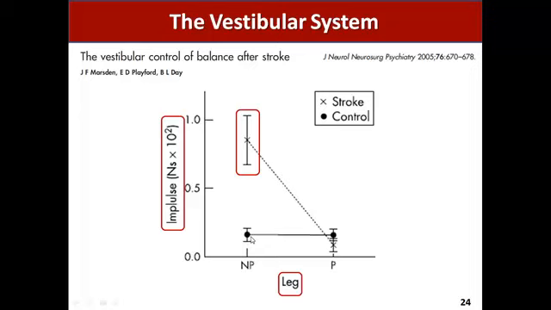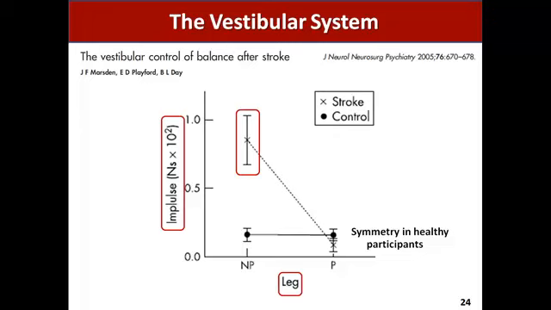We see that the impulse to galvanic vestibular stimulation resulted in a very large disturbance in bilateral control for the stroke patients, but healthy patients, despite some lateral movements, were still able to maintain symmetry in their applied forces through their right and left leg.